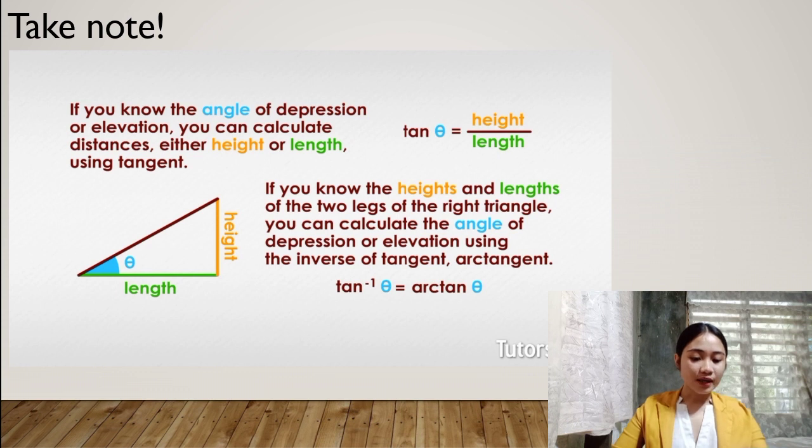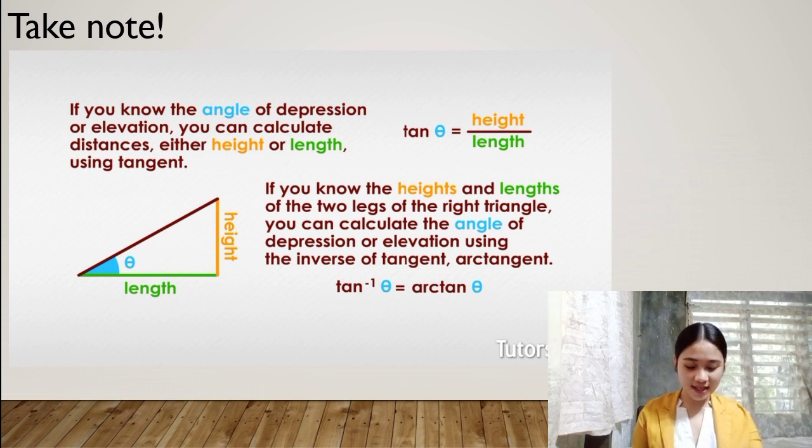If you know the height and the length of the two legs of the right triangle, you can calculate the angle of depression or elevation using the inverse of tangent, arctangent. So, tan to the power of negative 1 is arc tan.